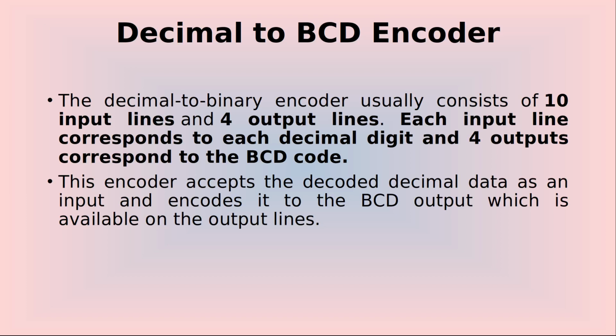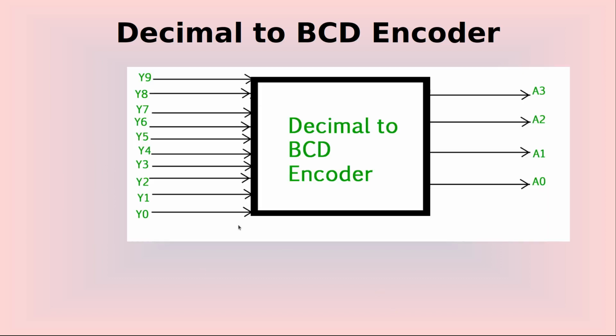Okay, then decimal to binary encoder. The decimal number system consists of the digits 0 to 9, so there are 10 digits. The BCD is a 4 digit number, so there are 10 input lines and 4 output lines. Here there are 10 inputs and 4 outputs available.